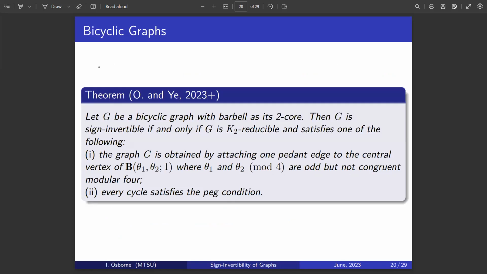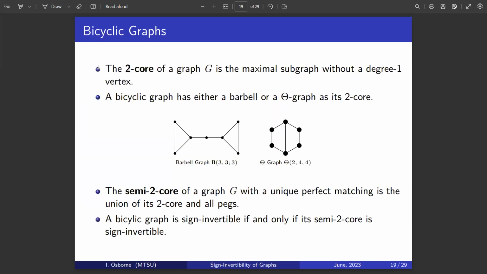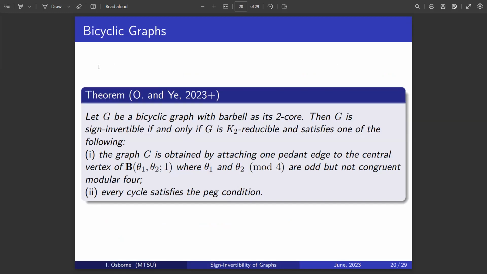So with the bicyclic graphs, we found that if you have a bicyclic graph with a barbell, we'll go through the barbell first, it's slightly simpler, then it's going to be sign invertible if and only if it's K2 reducible, which means it has a unique perfect matching and is therefore unimodular.